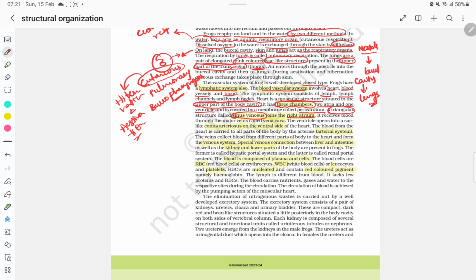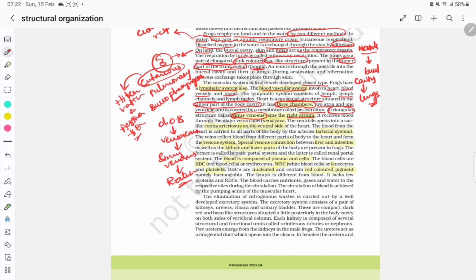From the vena cava, deoxygenated blood first enters the sinus venosus, and from the sinus venosus it enters the right atrium. This is the pathway.